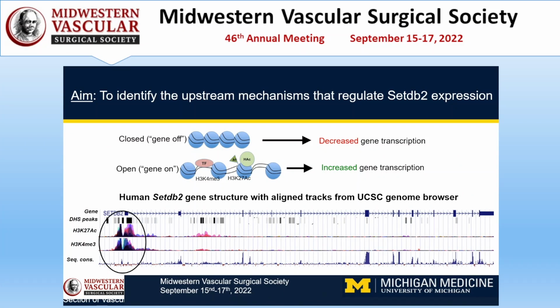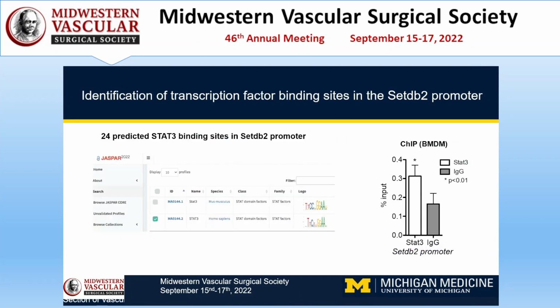Compared to our bioinformatic analysis using this track from the UCSC Genome Browser, which is a publicly accessible database, we coupled this with in silico analysis of the SETDB2 promoter and found conserved STAT3 binding sites in the SETDB2 promoter. Specifically, there were 24 predicted STAT3 binding sites.